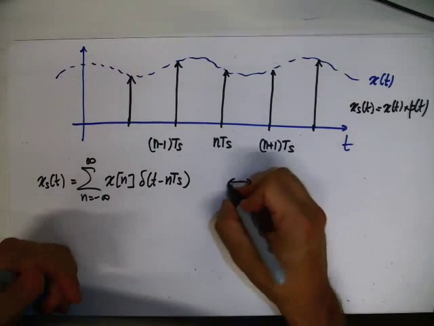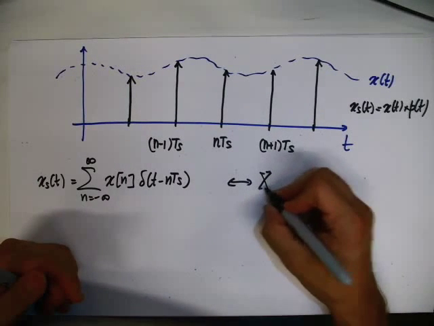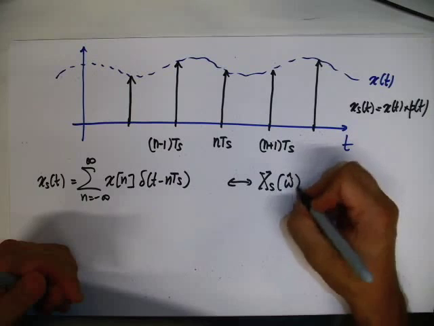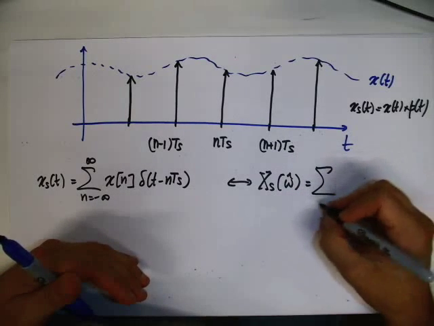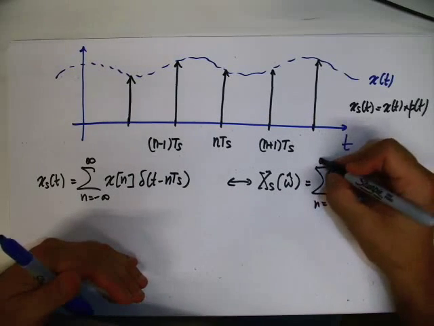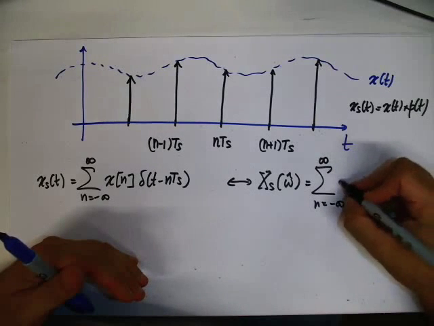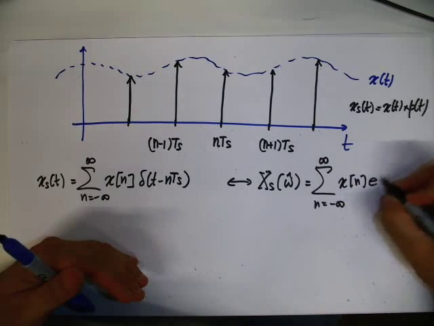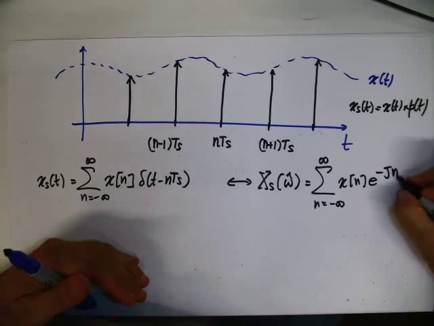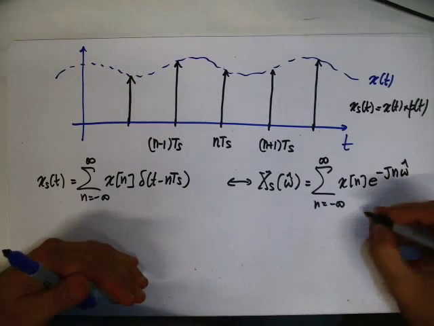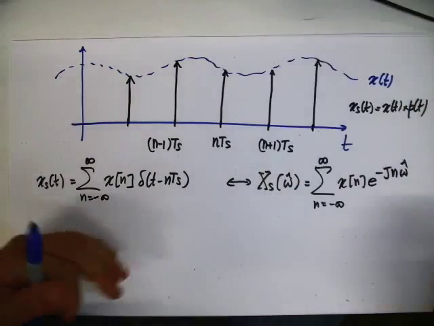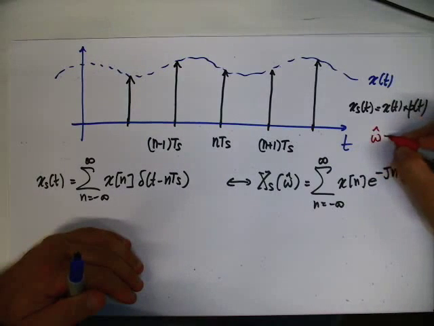And we saw that this Fourier transform X_s, we can rewrite it as the infinite sum from minus infinity to infinity of x[n] e to the minus j n omega hat, where we have defined omega hat equal omega times Ts.